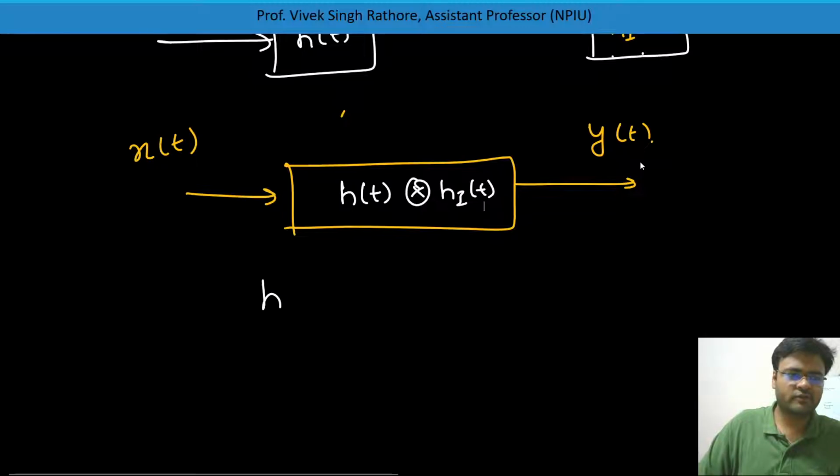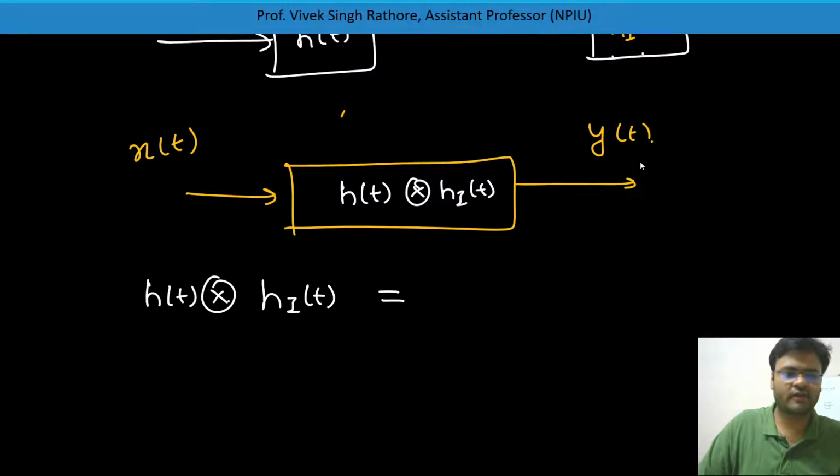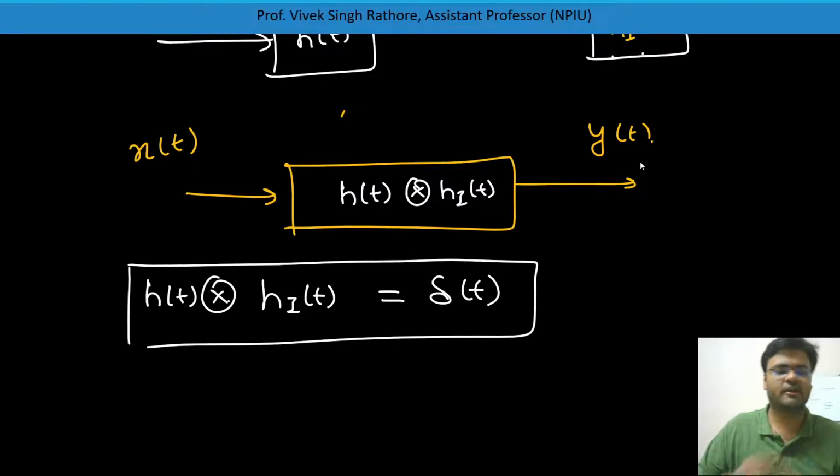If your h of i, when convolved with h of t, gives output as delta t, then you can say that this inverse system is possible and this is your invertible system.